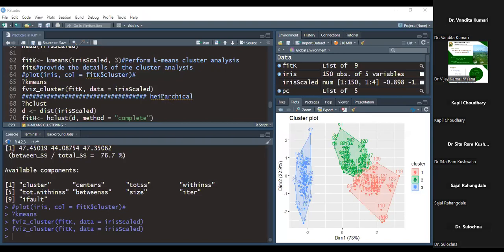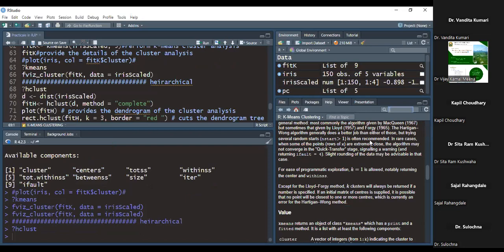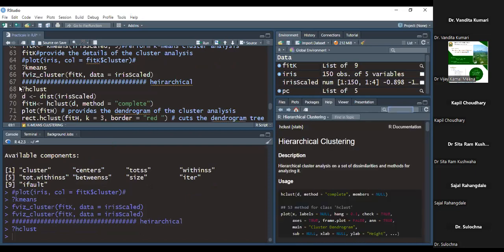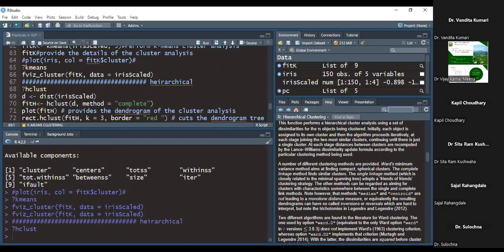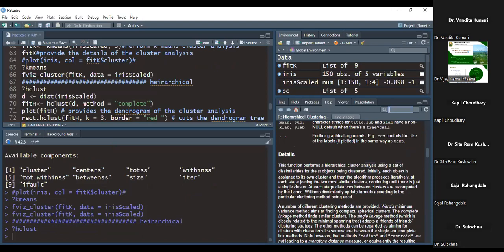Now let's perform hierarchical clustering. It can be done using the function hclust. Let's see what hclust is and its description. So I have written question mark hclust. Details have been given on how this is performed, and so on.